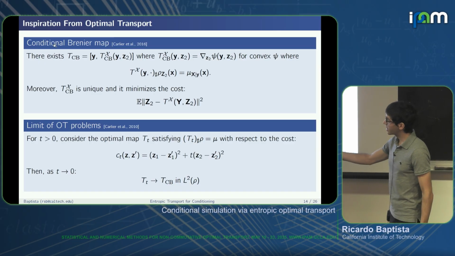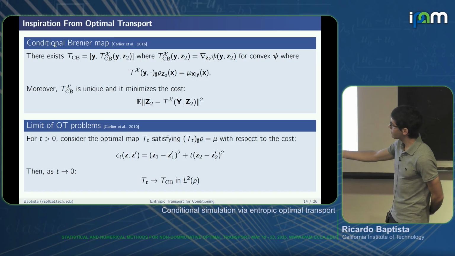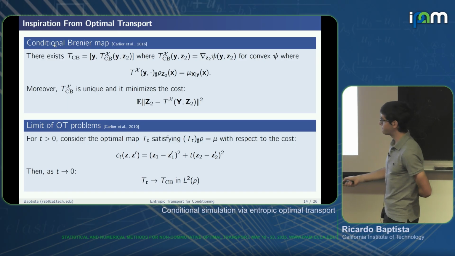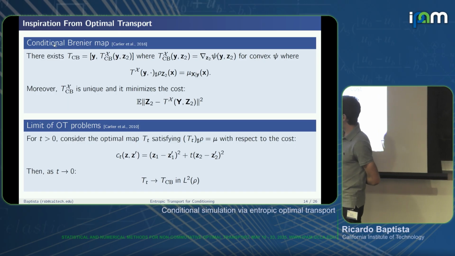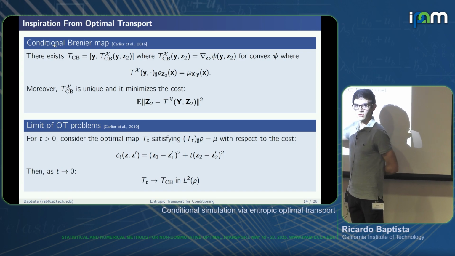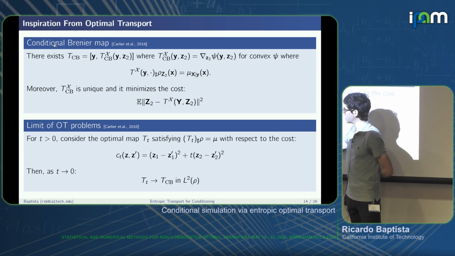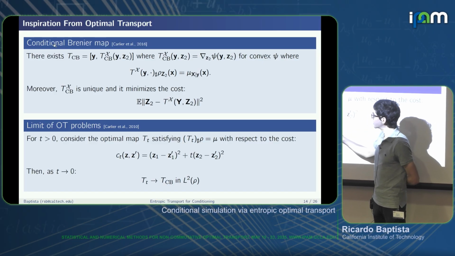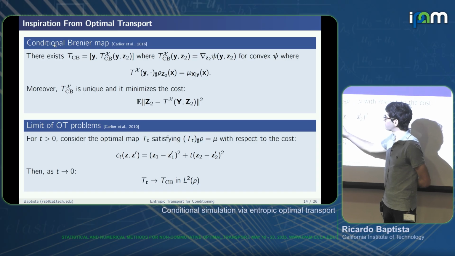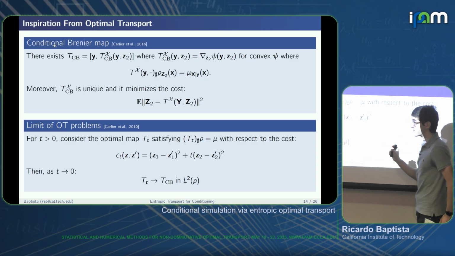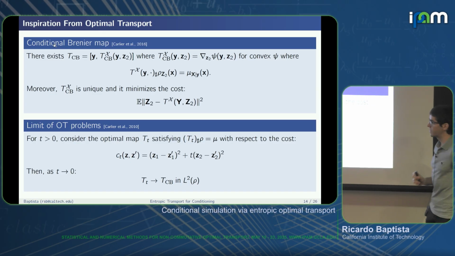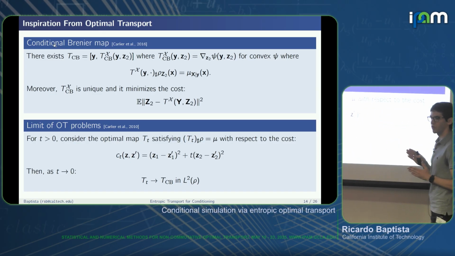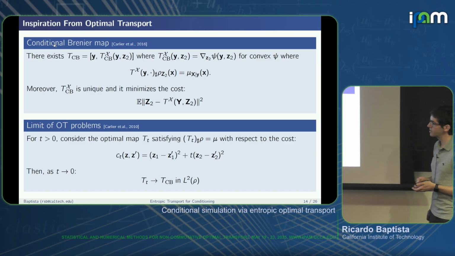What Carlier showed is that if we consider a cost function, here denoted by c_t, that is the standard Euclidean cost for the two variables, Z1 and Z2, but on the second variable we scale it by some small parameter t greater than 0, so that we're putting a much higher cost on ensuring that we transport the first variable correctly.